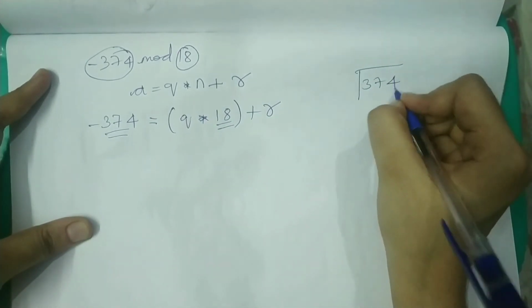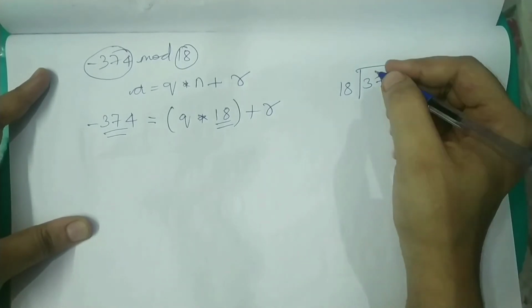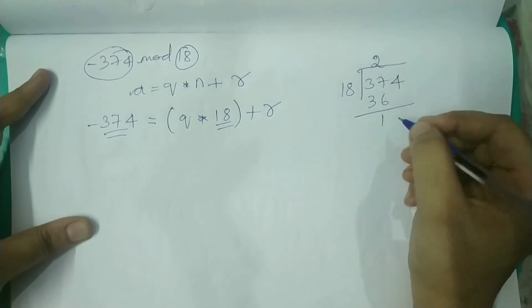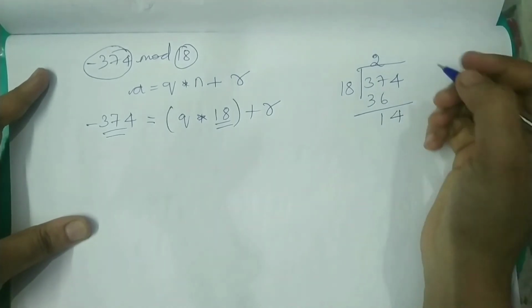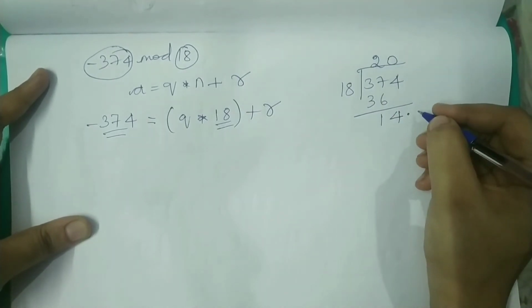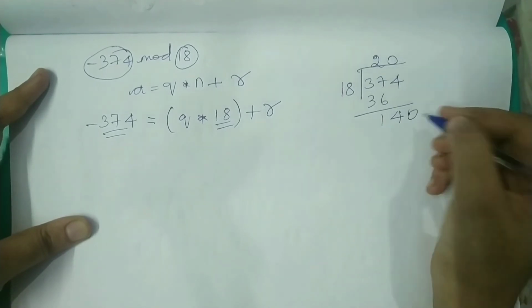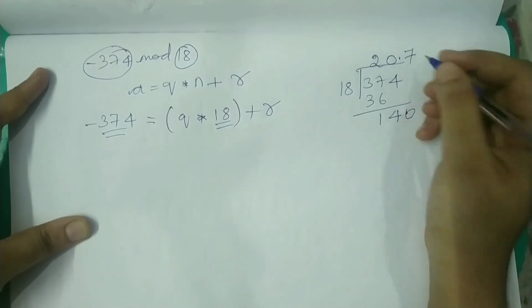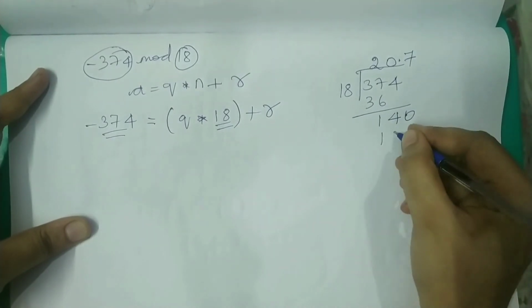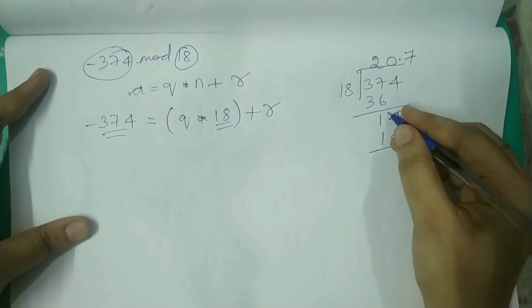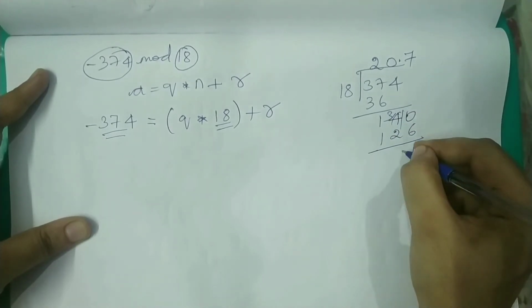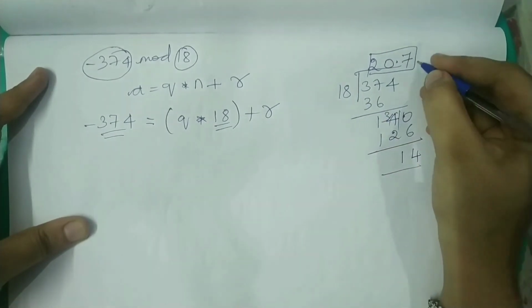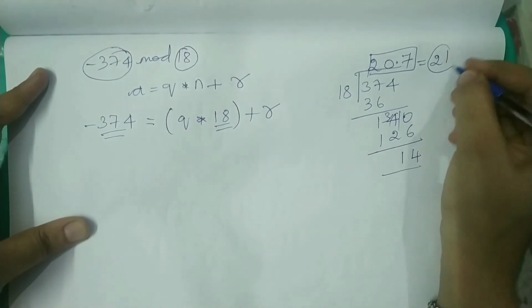When I divide 374 by 18, I'm getting the quotient as 20.7, which is nothing but 21.